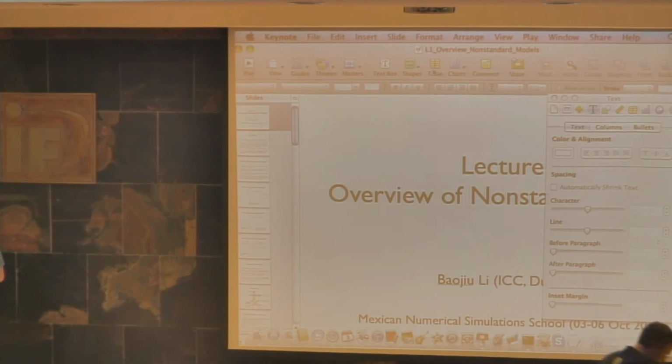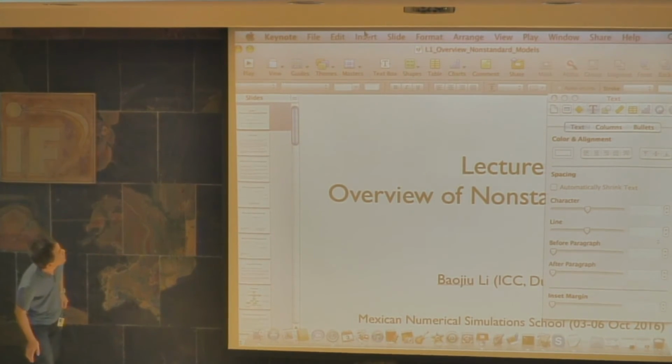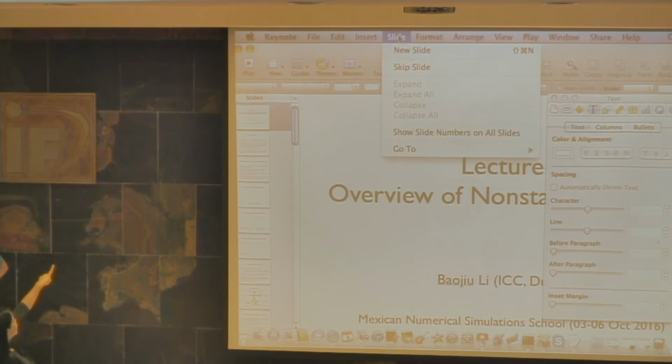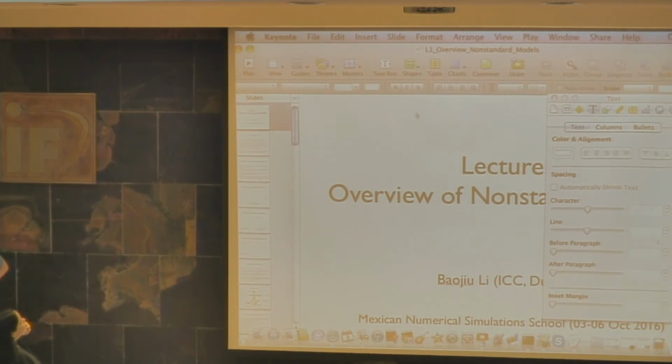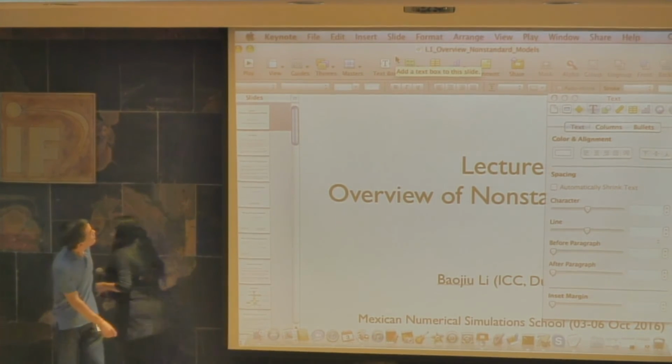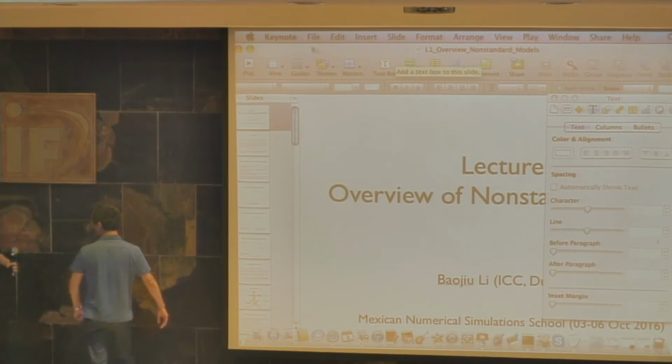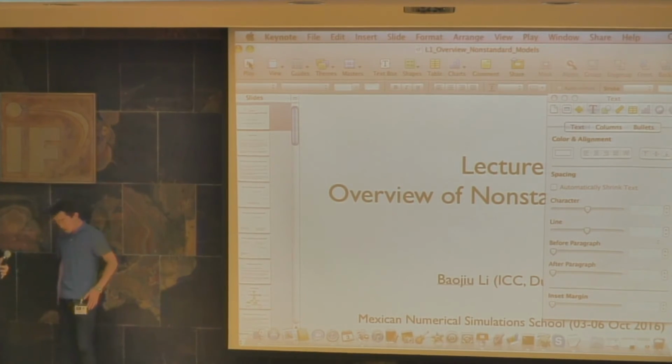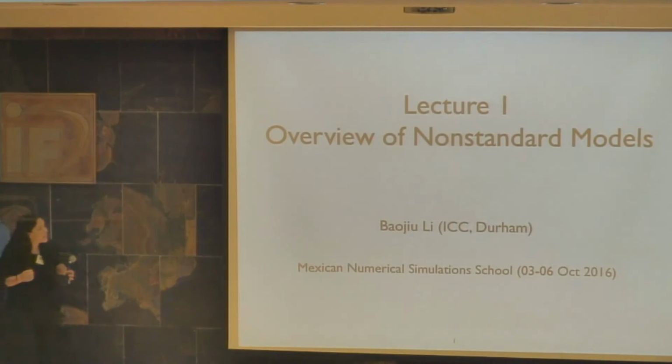I can't see. Is this one? No, sorry, I can't see it. I can do it. Let me check. The mouse is there. It's there. This one.